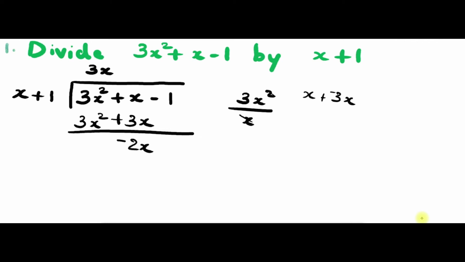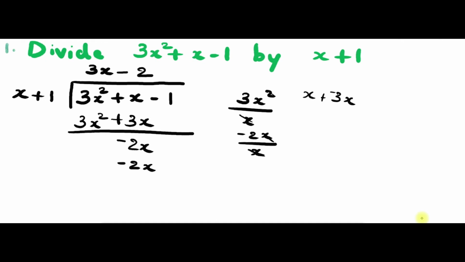Then I am going to divide this minus 2x by this x. So minus 2x by x, x cancels, so I will be getting minus 2. I am writing this minus 2 here. Then I am going to multiply this minus 2 with this x plus 1. So minus 2 into x will give you minus 2x.